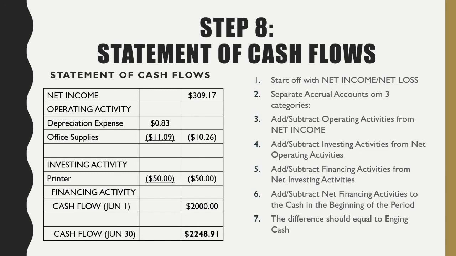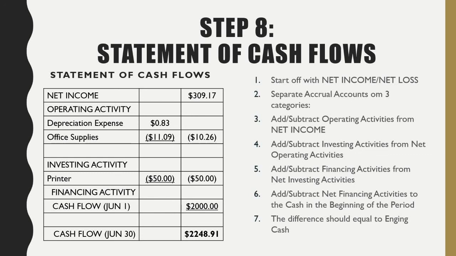And last but not least, the financing activities will be any long-term loans, because long-term loans are essentially you financing your activity. You're borrowing money for the business. Other things too are anything that affects equity. So any capital contributions or owner's withdrawals will affect your financing activities.